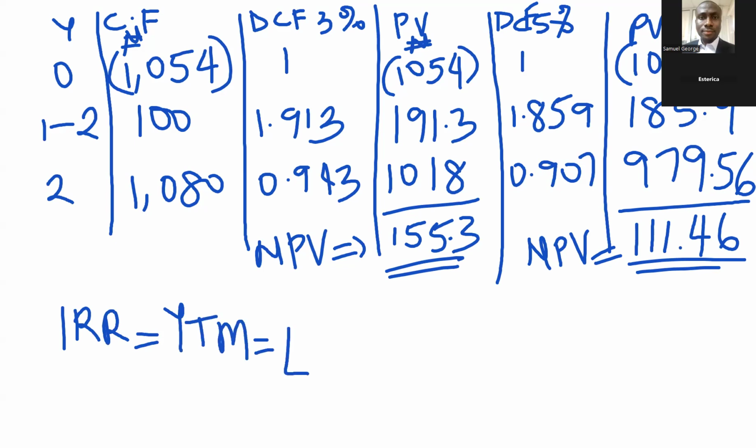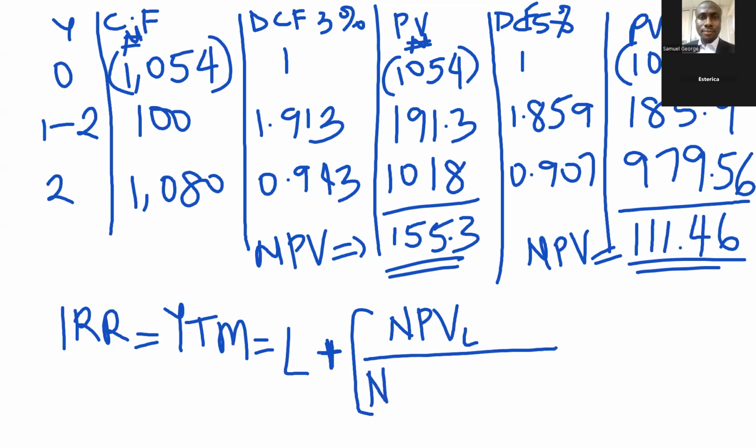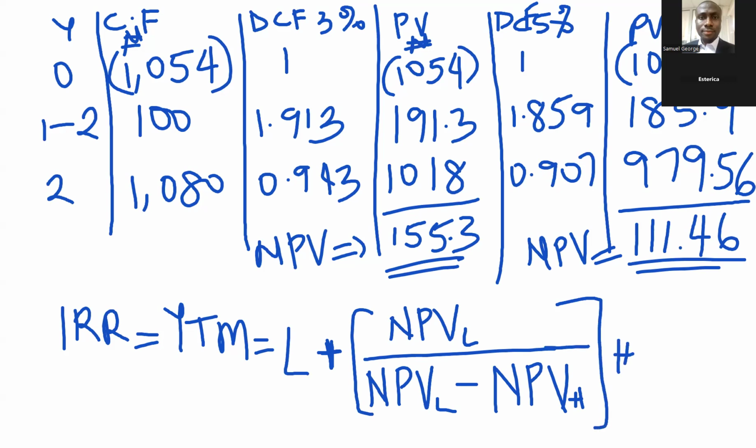It is equal to lower rate plus NPV of lower rate divided by NPV of lower minus NPV of higher rates, multiplied by higher rate minus lower rate.